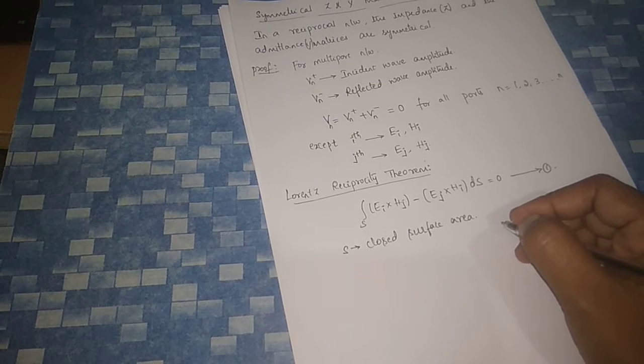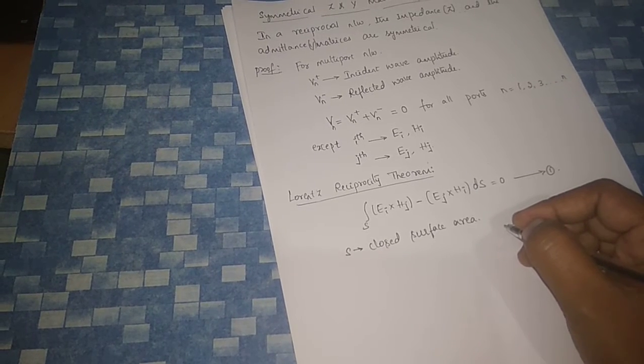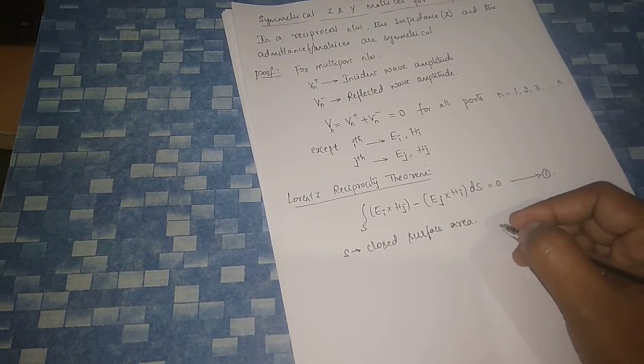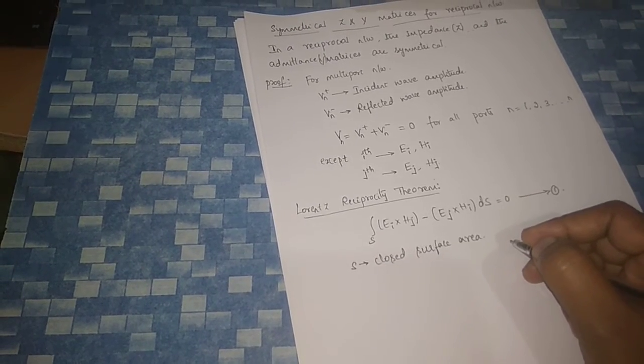of the junction, closed surface area of the conducting walls enclosing the junction.